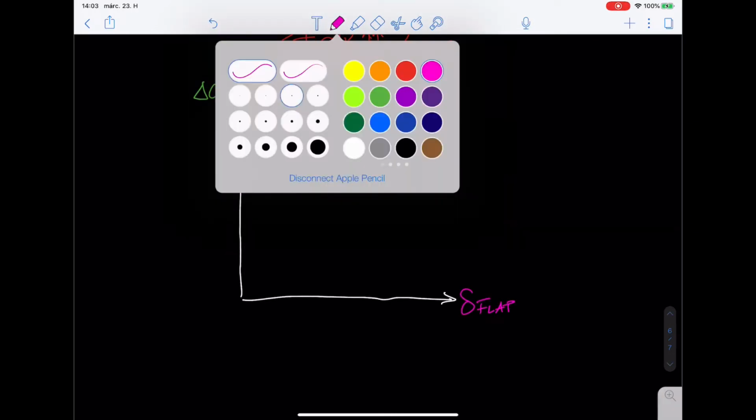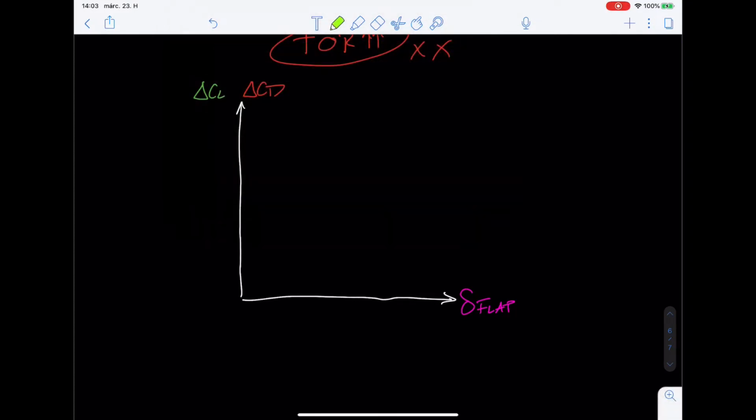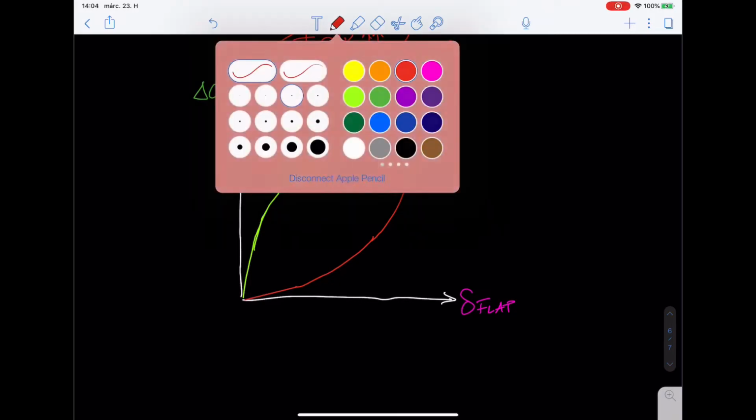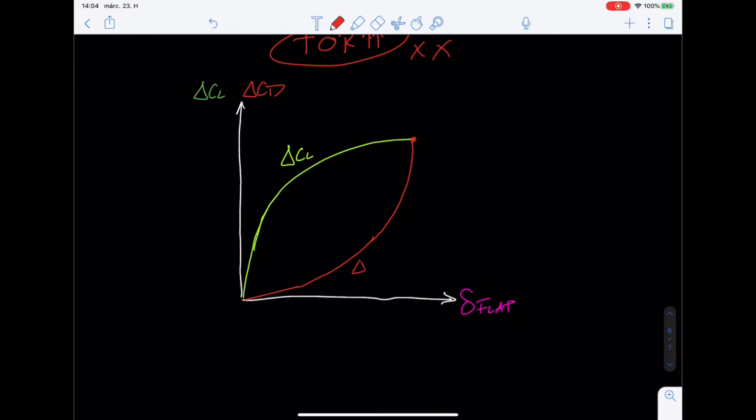If you have the lift coefficient increment, what we usually see is a diagram like this: initially there is a large increase which tends to get flatter towards the end of the diagram, right? And when you look at the drag coefficient increment, what you see initially is that at lower flap deflections it is flatter, and then it starts increasing as you increase the flap settings, and at some point it becomes equal. And so this would be your drag coefficient increment.